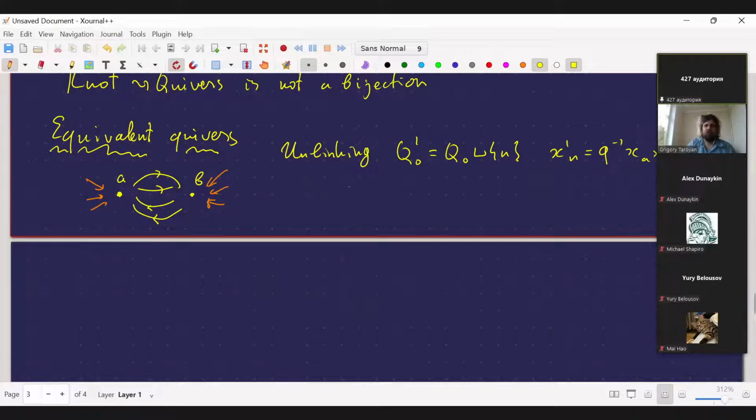And the adjacency matrix is changed like this. Since the quiver is symmetric, I specify only half of the new adjacency matrix. The other half can be restored by symmetricity.